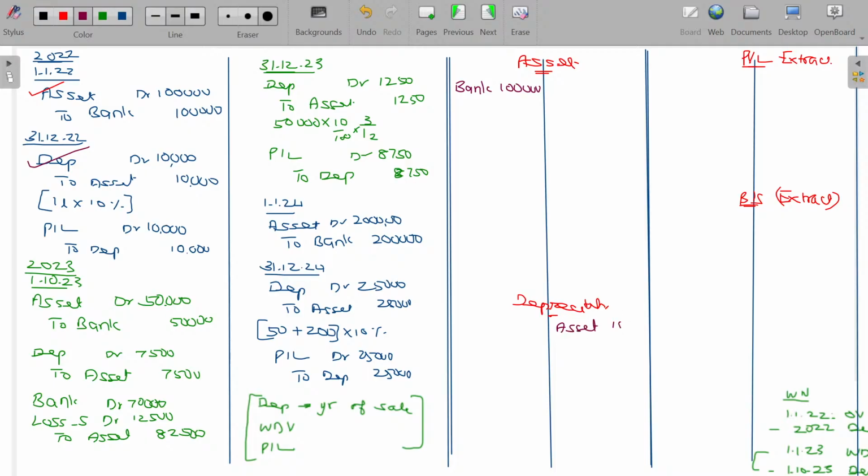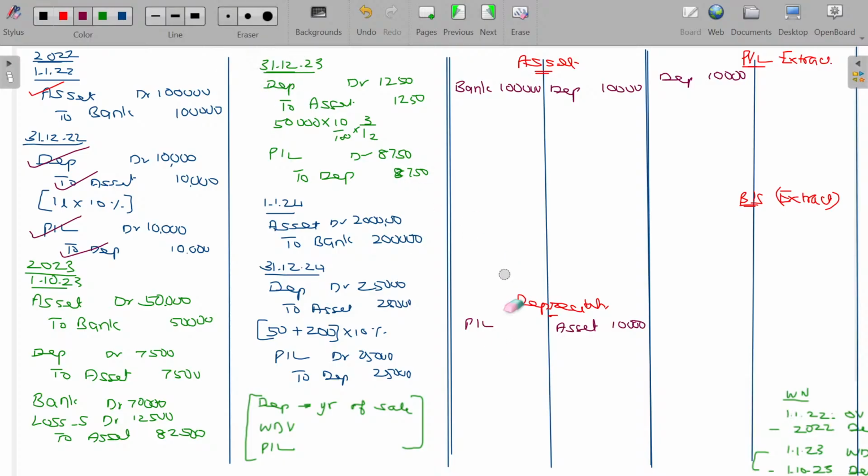Value being 10,000. In asset depreciation, the value being 10,000. In P&L account depreciation 10,000.